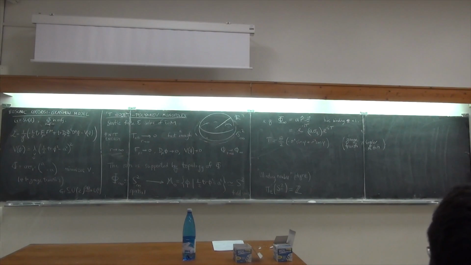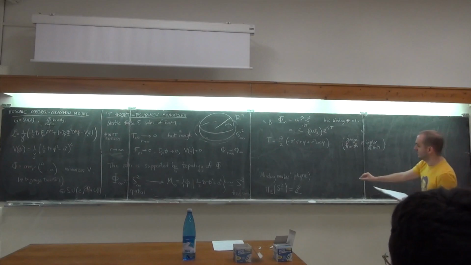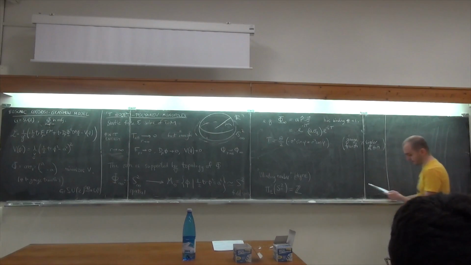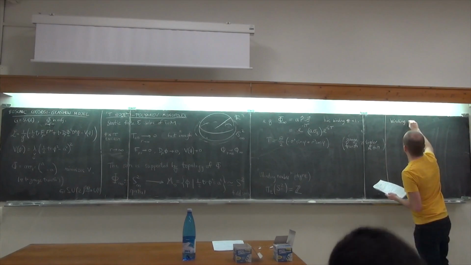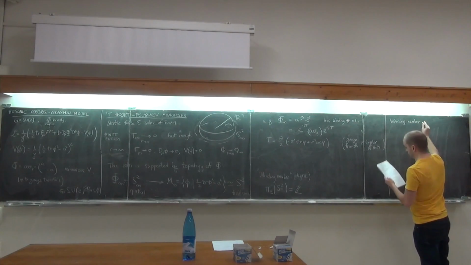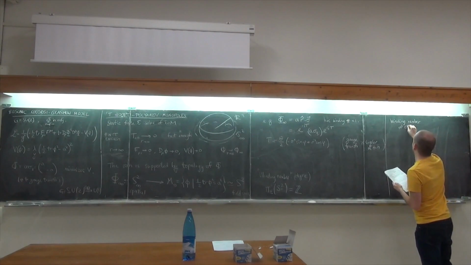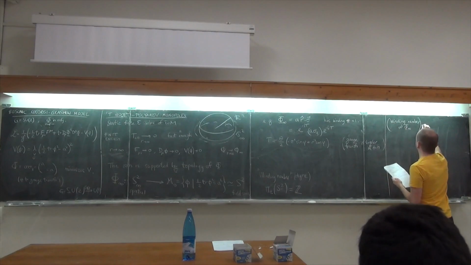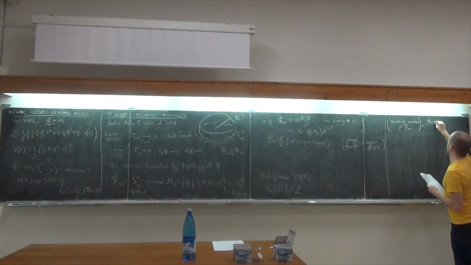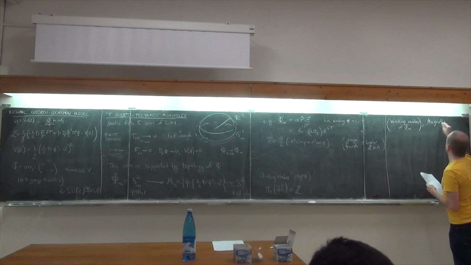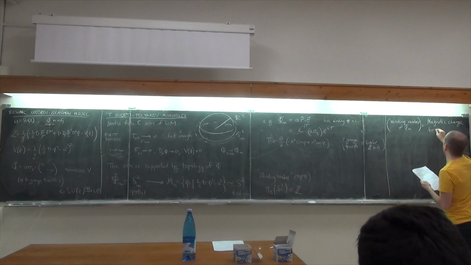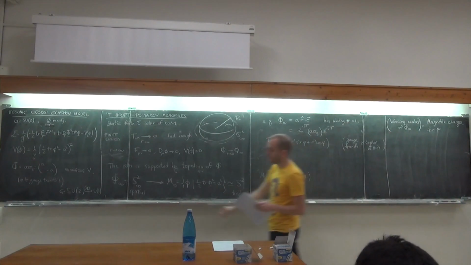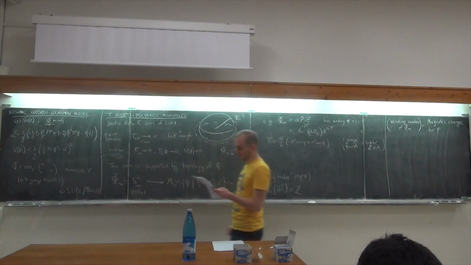But let's not do it in the following. Okay. So now the point is that the winding number of phi at infinity is equal to the magnetic charge for the U1, the unbroken U1 subgroup of the gauge group.